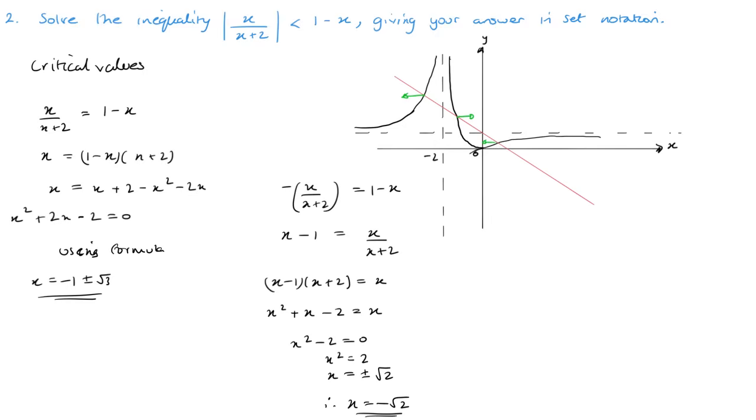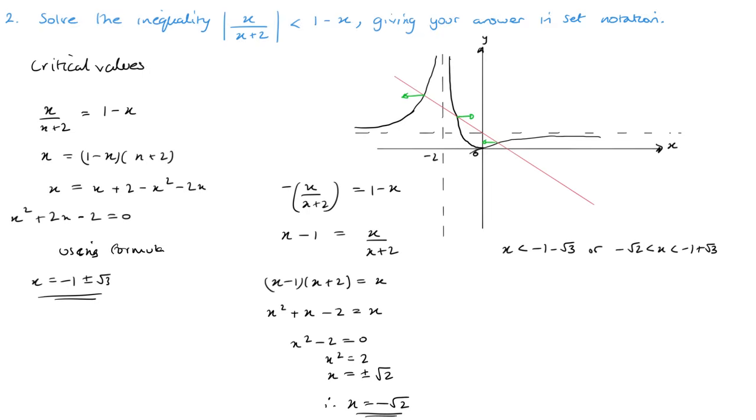So what we're looking at is when x is less than minus 1 minus root 3, or when x is between minus root 2 and minus 1 plus root 3.